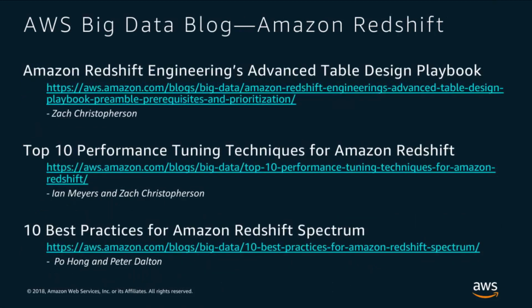Lastly, we have a handful of blogs that are worth checking out. This top one is a design playbook. It's a series of blogs that's very good. It covers a ton of these different patterns. And then another one, both for Spectrum and for Redshift, covers the top 10 things that we see in the field if you're wanting to tune your Redshift cluster.